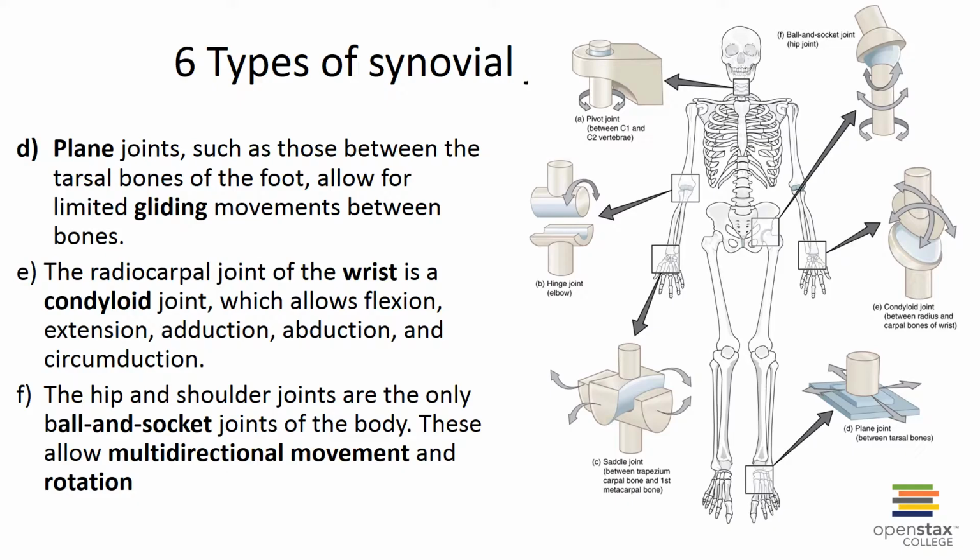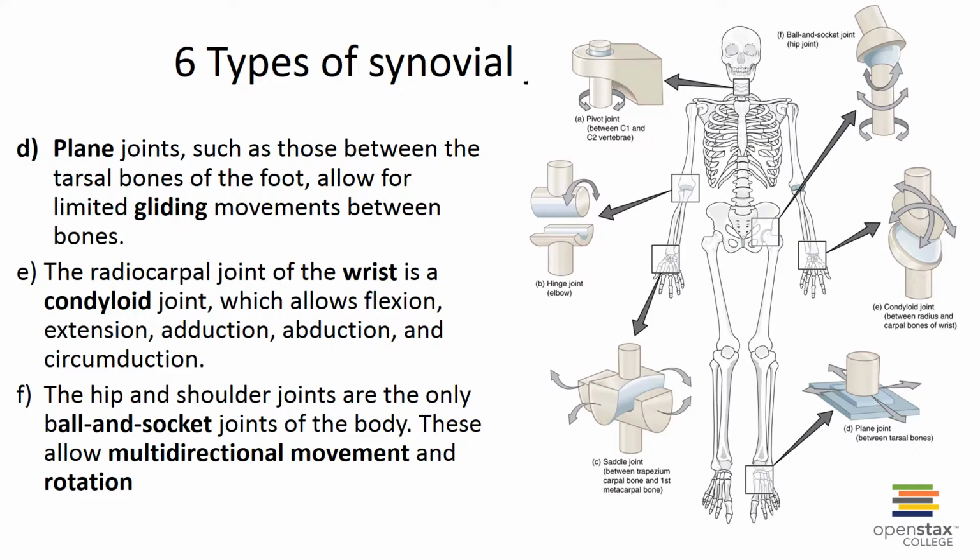A condyloid joint is also known as an ellipsoid joint, and this is where you have an oval articular surface of one bone into a complementary depression in another. The radiocarpal joint is an example of this.